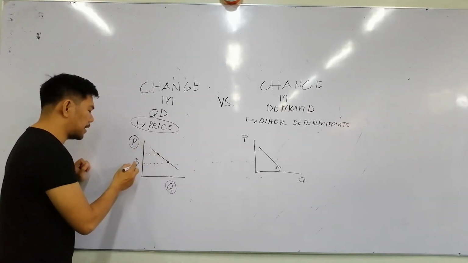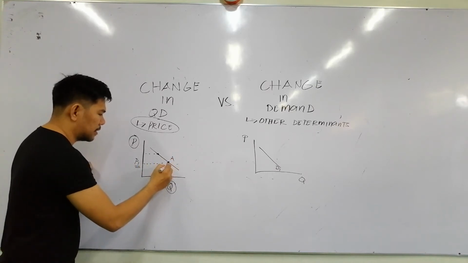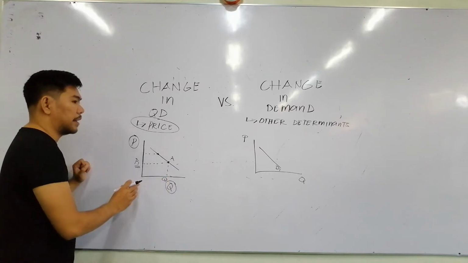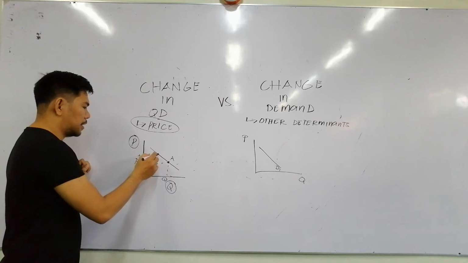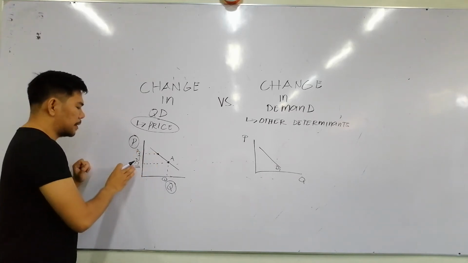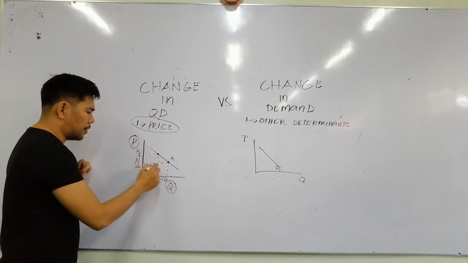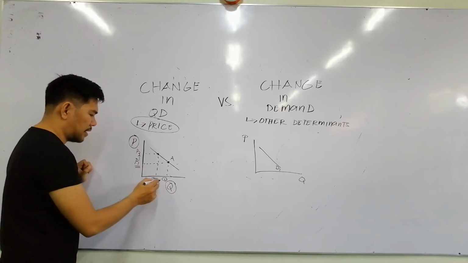So this is the original price, P1. This is point A, and this is Q1, right? Now in our example, the price increases. So from P1, it goes up to P2. This is now the new price. P1 original price, P2 the new price. And your Q2 is here.